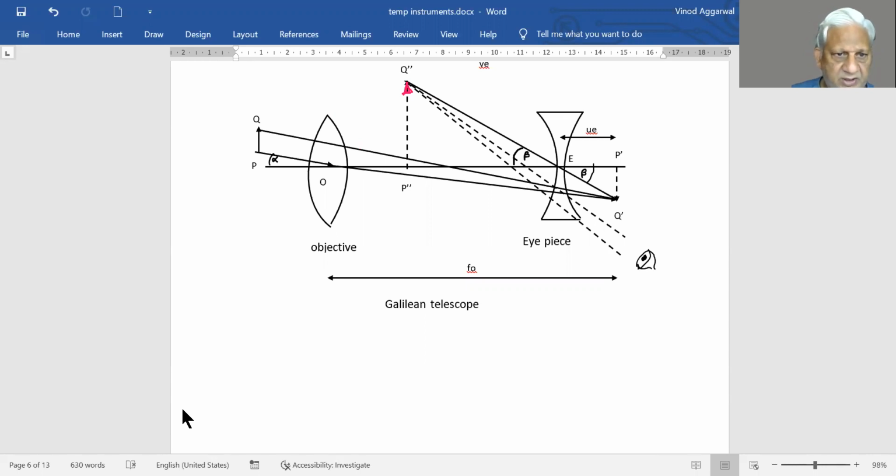But the treatment is pretty much the same as we have seen before. Alpha is nearly equal to tan alpha, which is equal to P dash Q dash over OP dash.